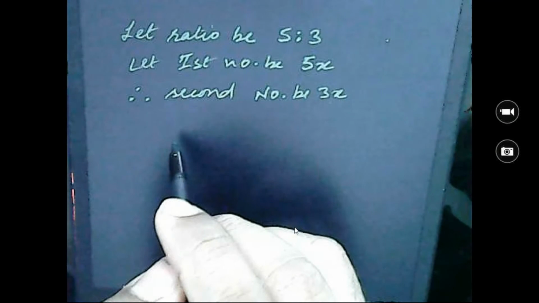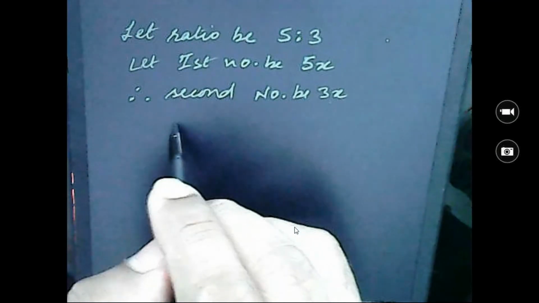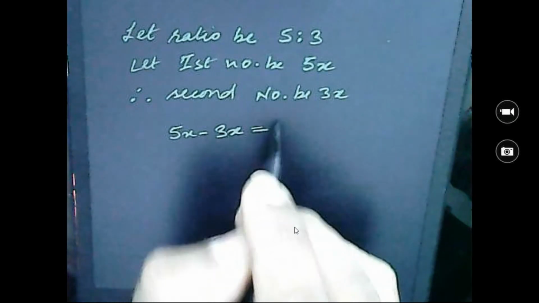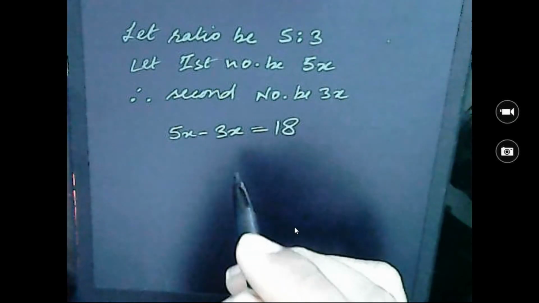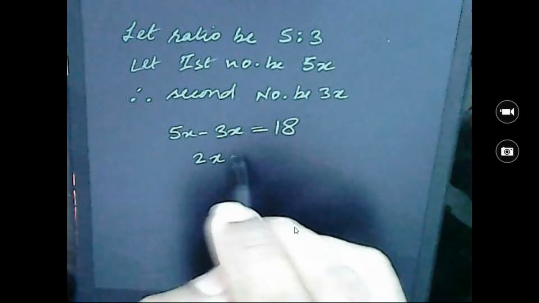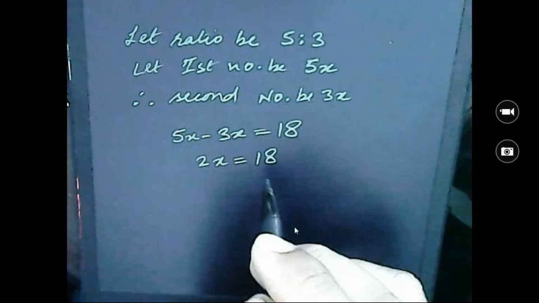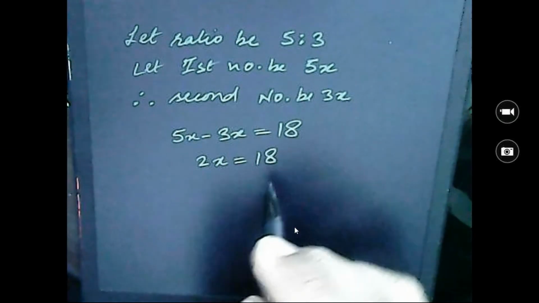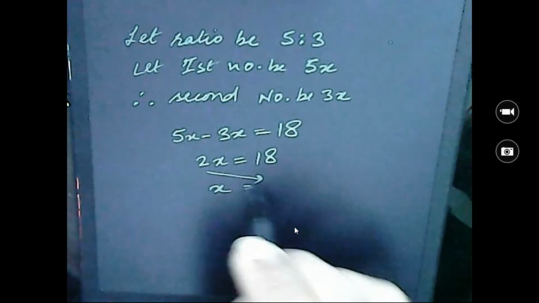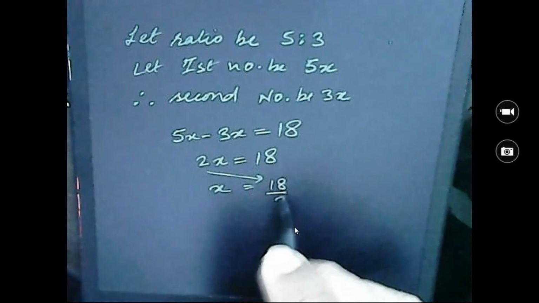So let's take that. 5x minus 3x equals 18. 5x minus 3x will be 2x equal to 18. And so this cross multiply will be 18 upon 2.